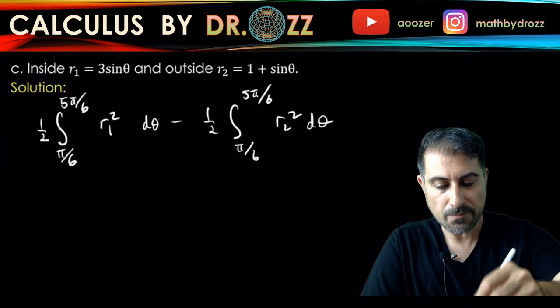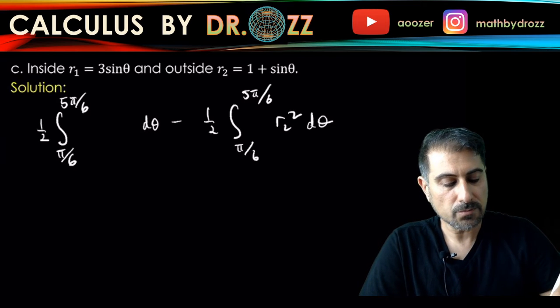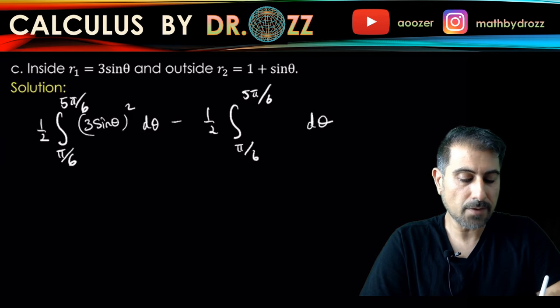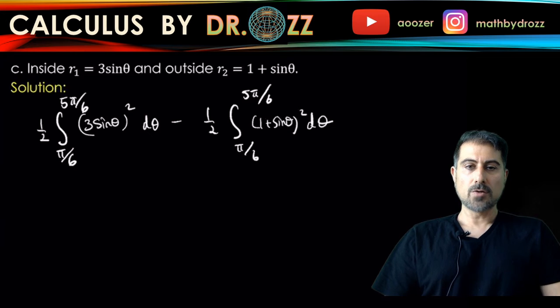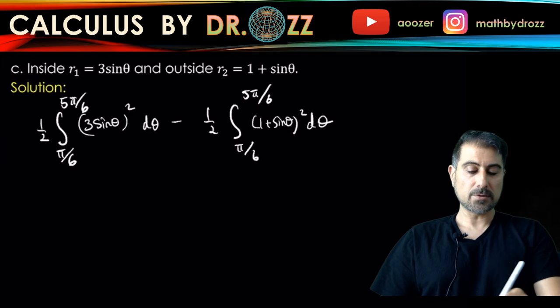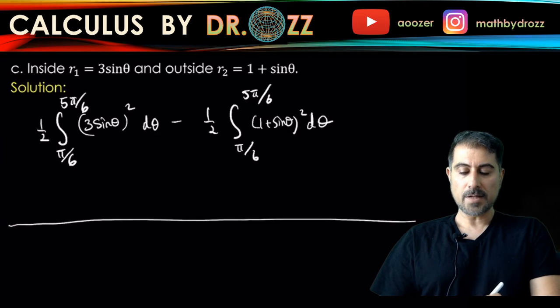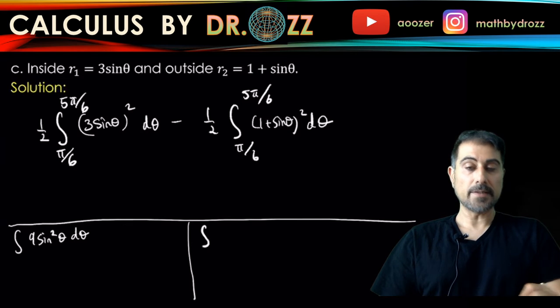The first one is going to be 3 sine theta squared, and the second one, R2, is going to be 1 plus sine theta, so the square of that is this. So two different integrals, so let's do them separately. I have the integral of 9 sine squared theta d theta, and the integral of 1 plus sine theta squared d theta.